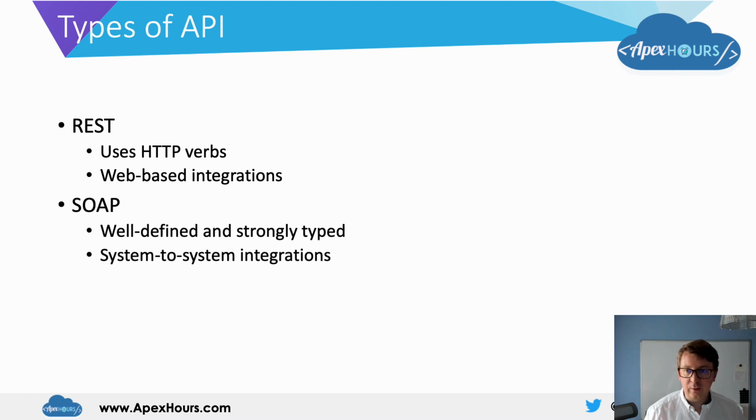We can have SOAP APIs. SOAP UI is a testing tool; I mean SOAP APIs, which are very well defined, very strongly typed, and are really good for system-to-system integrations where performance and bandwidth and all these other problems aren't really a problem.